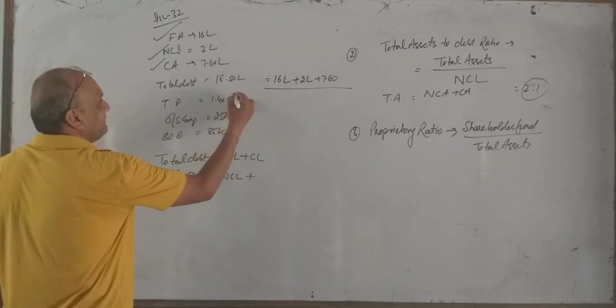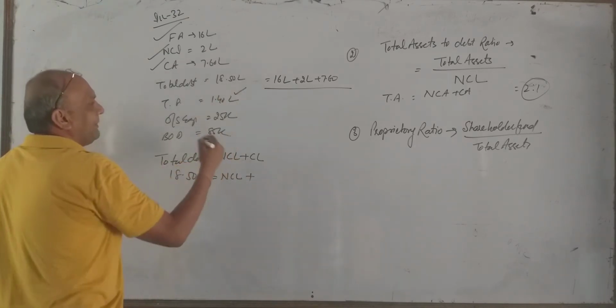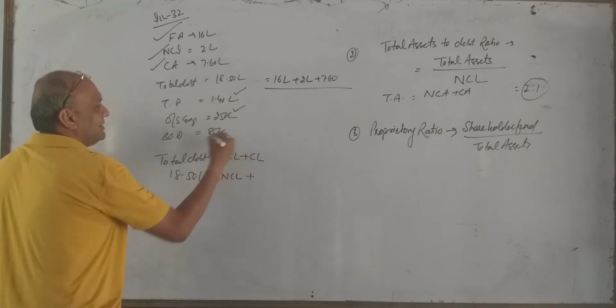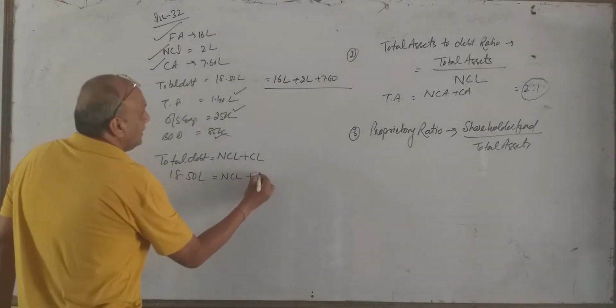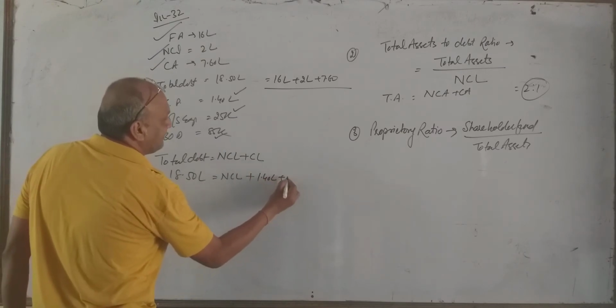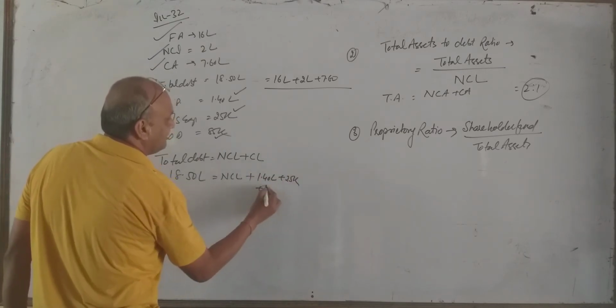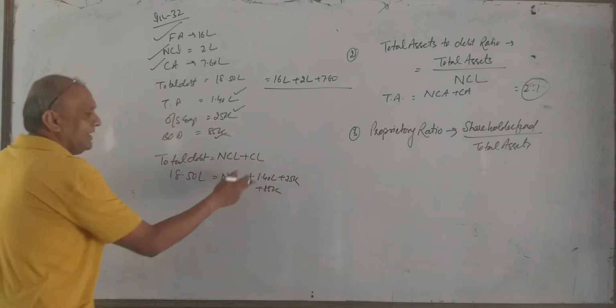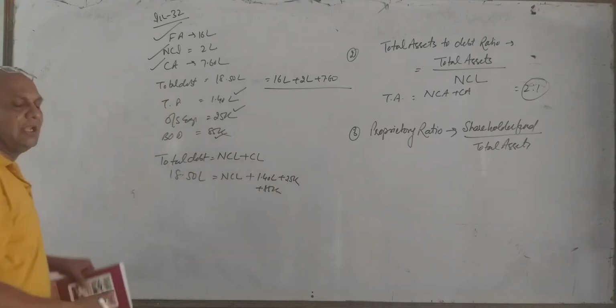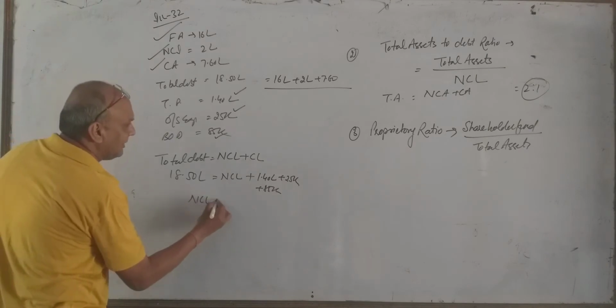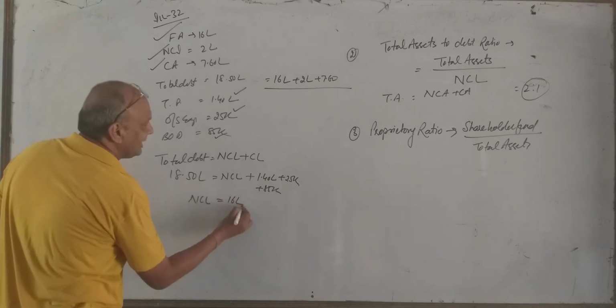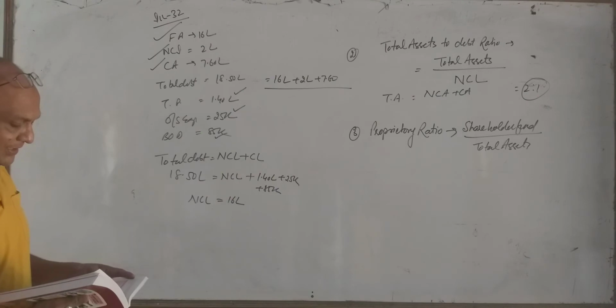CL is given by trade payable, outstanding expense, and bank overdraft. All these three items: 1.40 lakh plus 25,000 plus 85,000. Make the total and deduct it from total debt to get our non-current liabilities. Non-current liabilities will be 16 lakh.